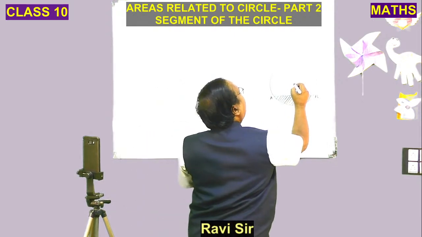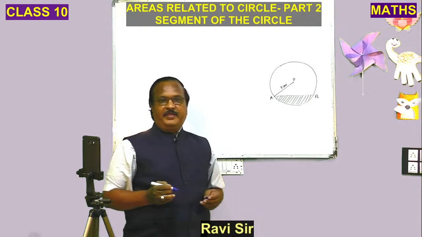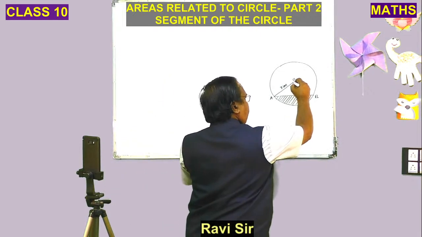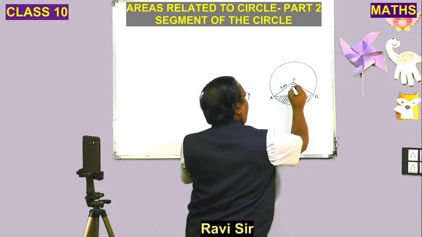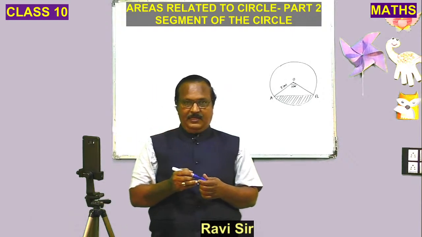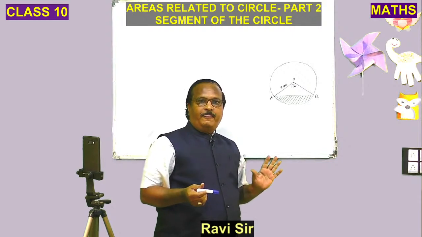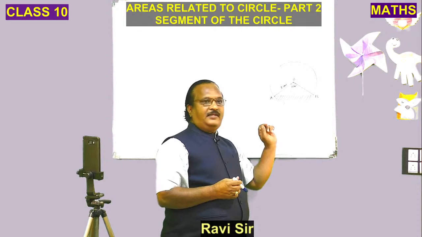The radius is 7 centimeters, and AB makes an angle of 100 degrees at the center.